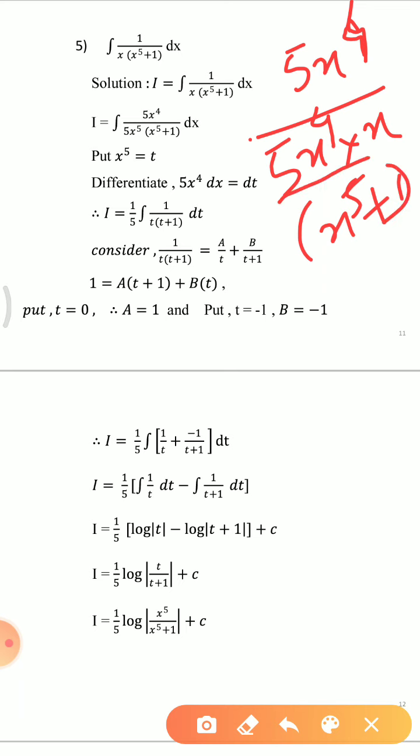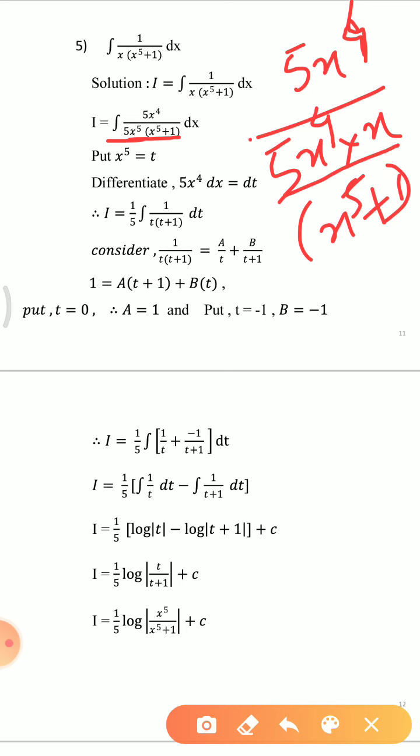Then this term 5x raised to 4 into x is 5x raised to 5, and the integral becomes 5x raised to 4 upon 5x raised to 5 into x raised to 5 plus 1.